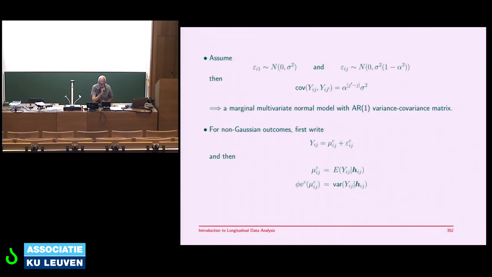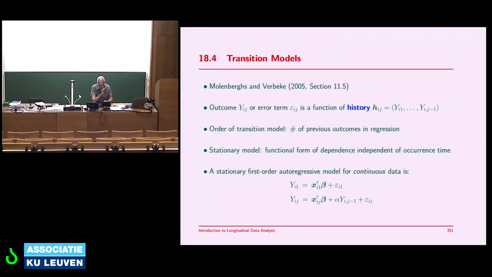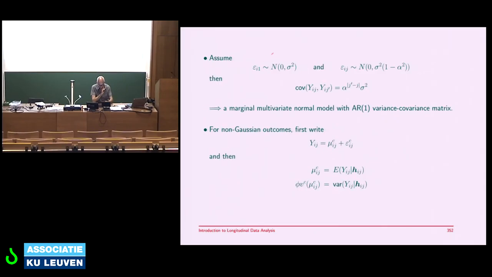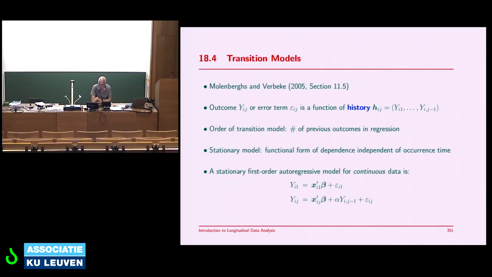Okay. We complete the model by saying the error term at the first time has variance sigma square. At the second time, it has variance sigma square times 1 minus alpha square. You could say, why is that? Well, it actually is something that you don't have to derive if you don't want. It follows kind of naturally from this formulation.